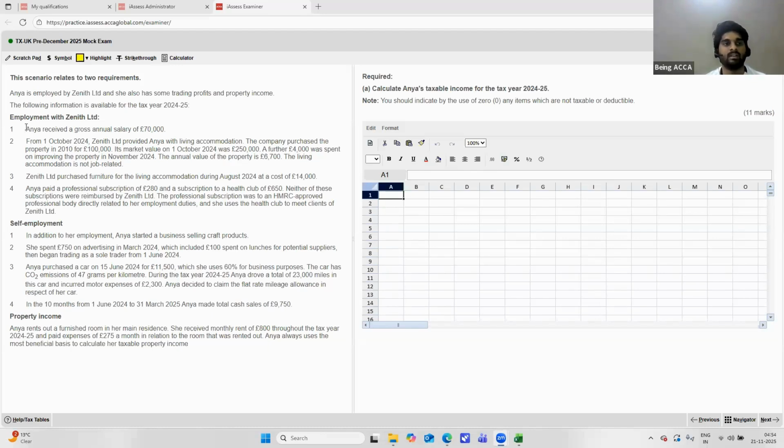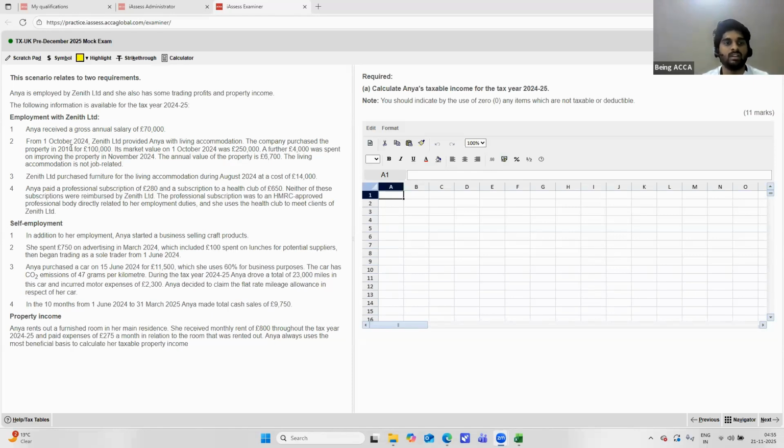So now the first part is relating to the employment income that Anya earns from Zenith Limited. Anya receives a gross annual salary of 70,000 pounds. From 1st October 2024, Zenith Limited provided Anya with living accommodation. The company purchased the property in 2010 for 100,000.